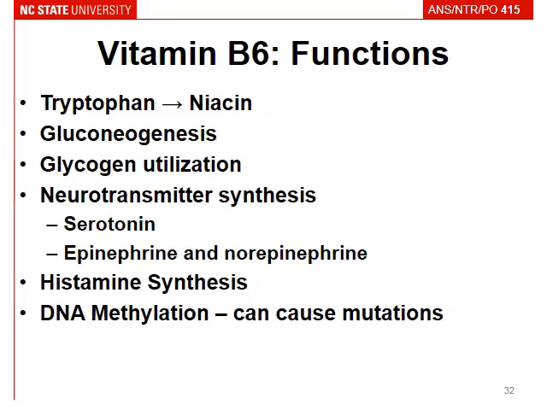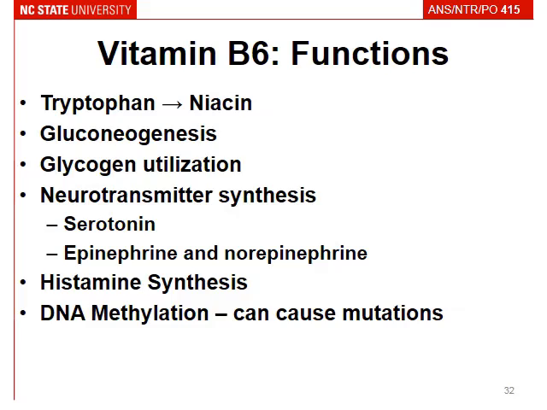It's also necessary for neurotransmitter synthesis. So we need it to make serotonin, we need it for epinephrine, and we also need it for norepinephrine. When we're making histamine, you can think of it if you have allergies, especially during the heavy pollen times that you encounter in spring, sometimes in the fall.